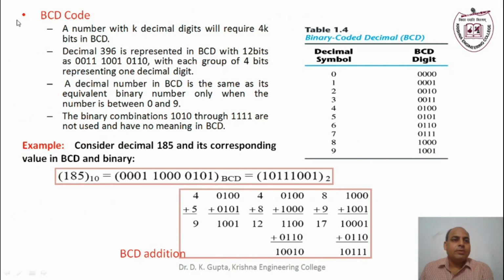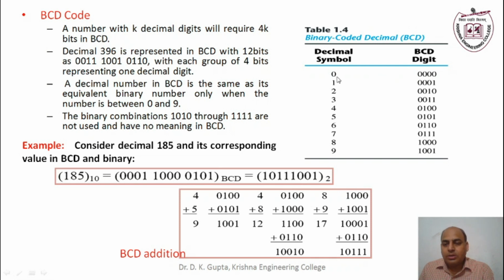So let me start with the first. This is BCD code. BCD stands for binary coded decimal. This is a code where each and every decimal digit, which ranges from 0 to 9, is specifically represented in a group of 4 bits.